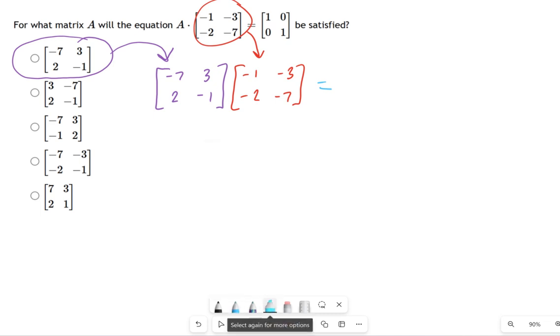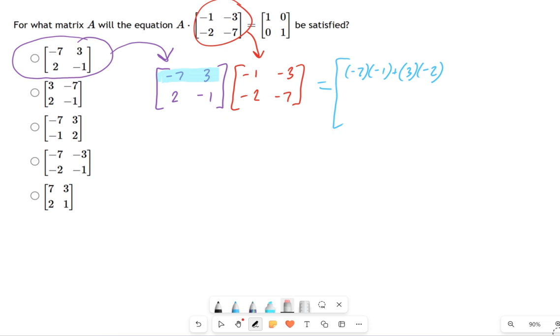But what we're doing here is we're going to take this row times this column, okay? And the result of that is -7 times -1 plus 3 times -2. Okay, that's in the upper left corner.